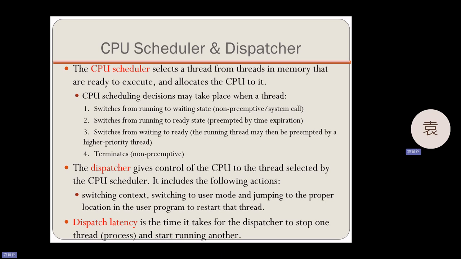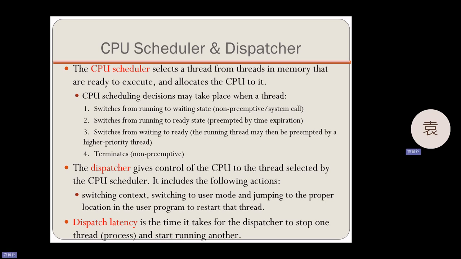By a timer interrupt, the operating system takes over, then preempts and suspends the running process and assigns the CPU to another thread. So this is a preemptive activity, triggered by the time expiration.